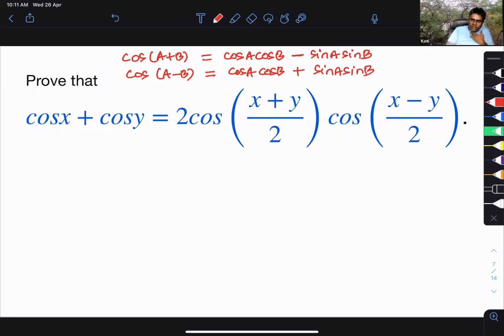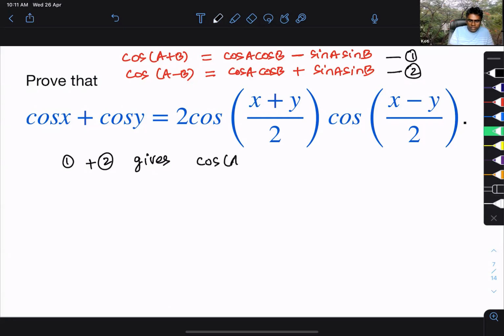Now, if I take these two, maybe I'll call this the first identity and this the second identity. On adding 1 and 2, what do you get on the left hand side? You get cos of a plus b plus cos of a minus b.